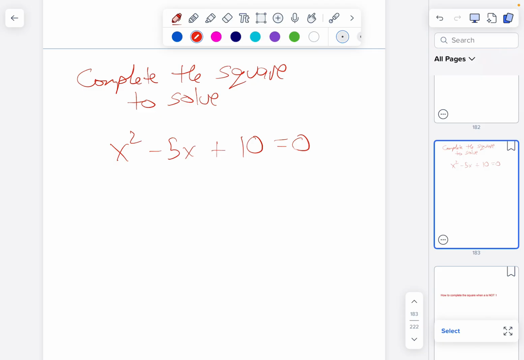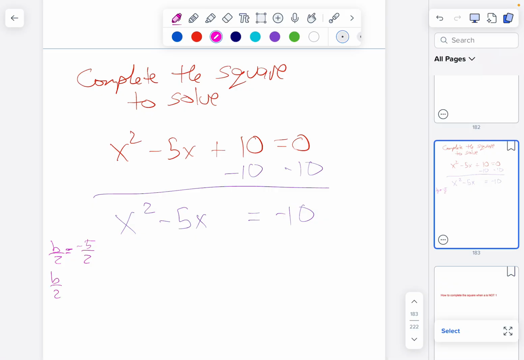All right, let's go ahead and check. So subtract 10 over. Okay, b over 2 in this case is negative 5 over 2. b over 2 squared is 25 fourths.